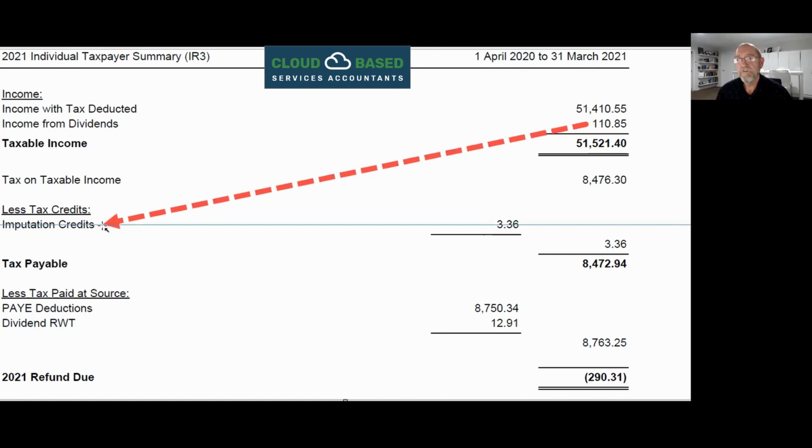Now we have company shareholders, and they don't really understand how this works in New Zealand. A company's tax rate is 28%. But when the company pays the shareholder a dividend, there is a further 5% tax payable on that dividend distributed to the shareholder.